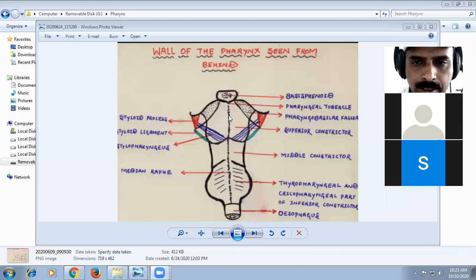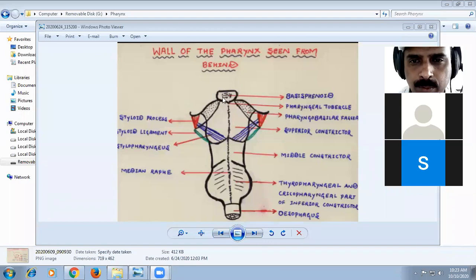The fibers go laterally and posteriorly and are inserted at the median raphe. The lower edge of the inferior constrictor continues as the esophagus. My dear students, these are the preliminary remarks of the pharyngeal muscles I told you last time.